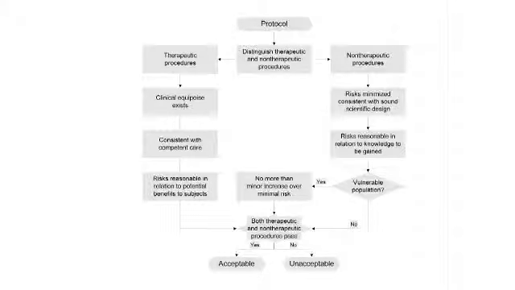Some people like pictures more than words, but the idea is that component analysis proceeds in basically four steps. The first thing an ethics committee needs to do is look at a protocol, identify the procedures, and then separate them into therapeutic procedures or non-therapeutic procedures. The therapeutic procedures, in the second step of this test, need to pass the requirement of clinical equipoise. The third step is to examine the non-therapeutic procedures and make sure risks are minimized, that risks are reasonable in relation to the knowledge to be gained, and if there's a vulnerable population, that the risks don't exceed more than a minor increase over minimal risk.